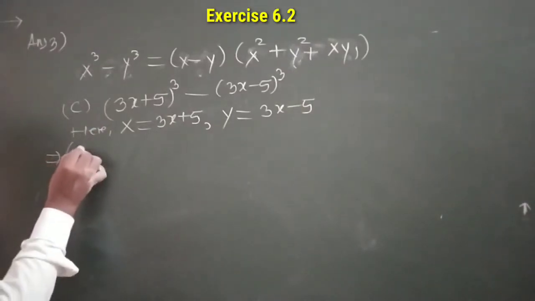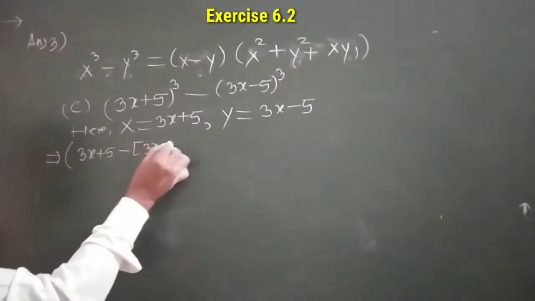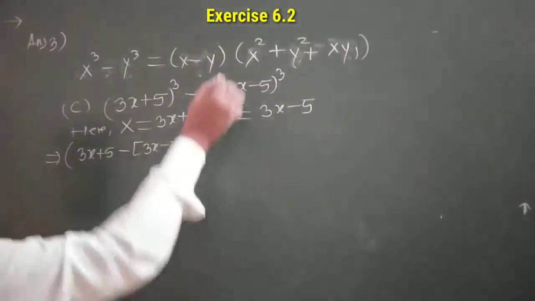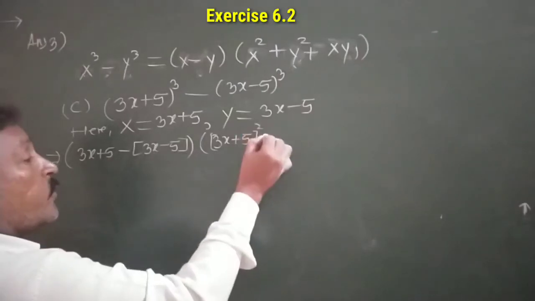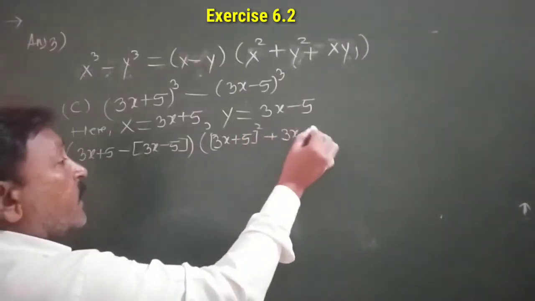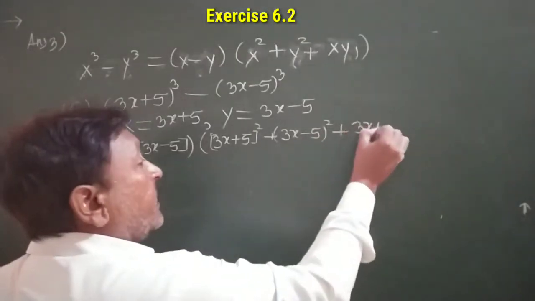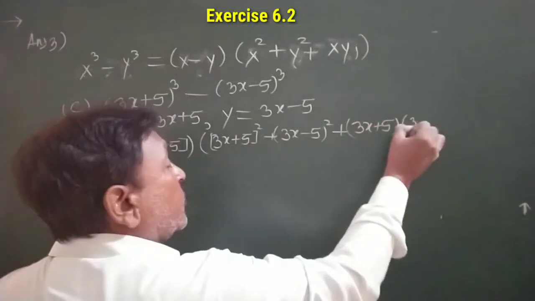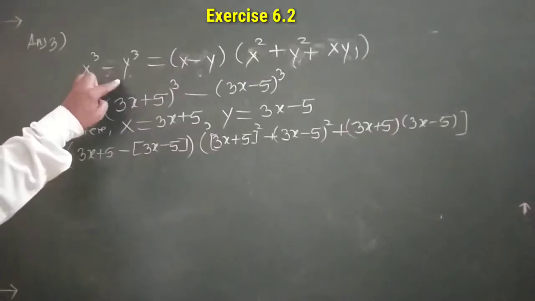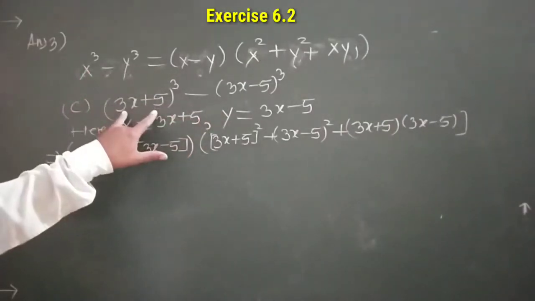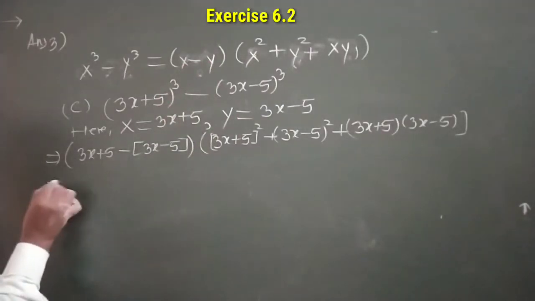X minus y means 3x plus 5 minus, we have to put one bracket here, x square means 3x plus 5 whole square plus y square means 3x minus 5 whole square plus xy means 3x plus 5 into 3x minus 5. So what I did here is just compare the left hand side, take the values and then substitute in the expansion form. So can we solve it now?